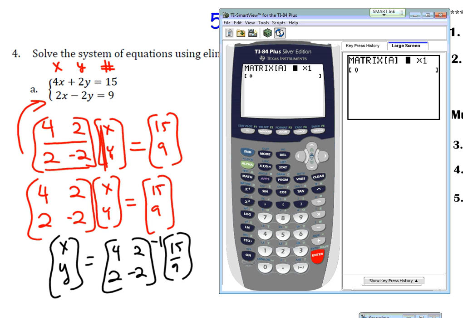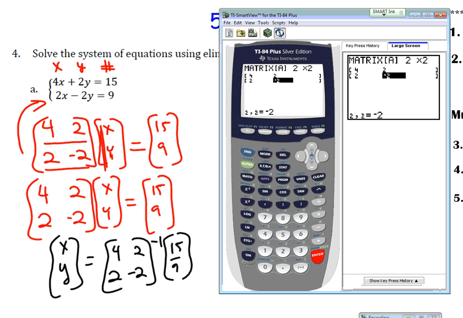Now, for that first matrix, I want to put in my coefficient matrix, the 4, 2, 2, -2. So I want a 2 by 2 matrix, and it goes row by column, so I need 2 rows and 2 columns. And now I'm just going to put in my coefficients. So 4, 2, 2, -2.